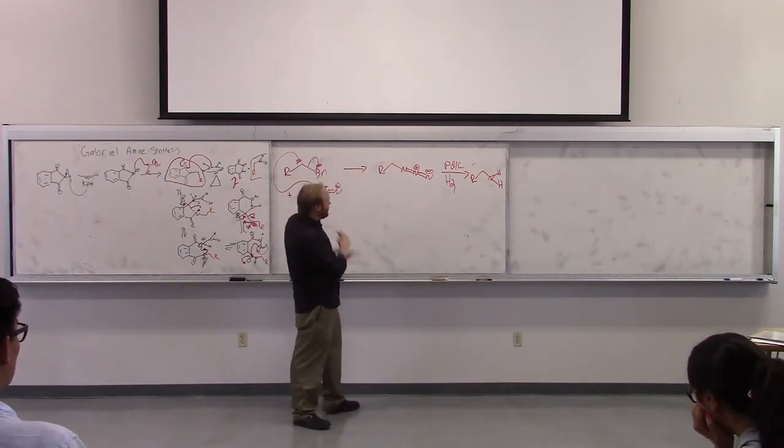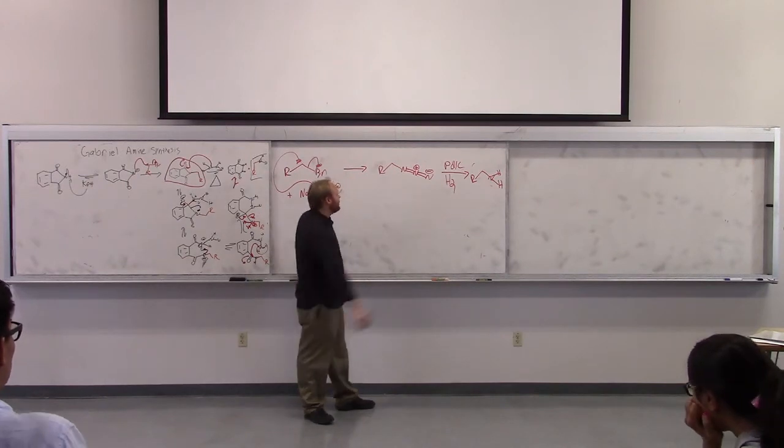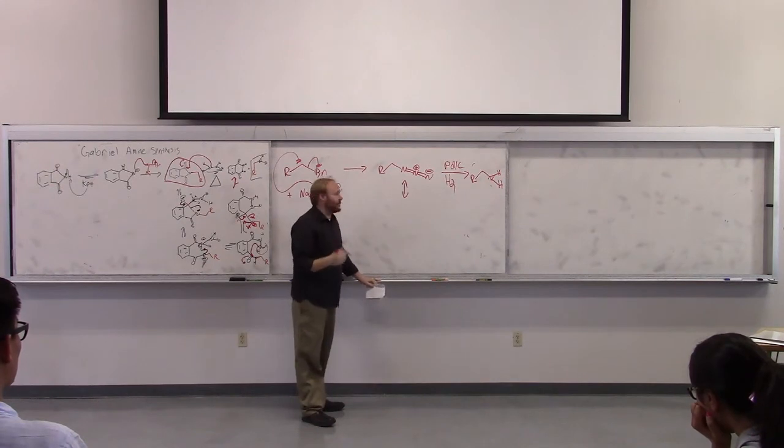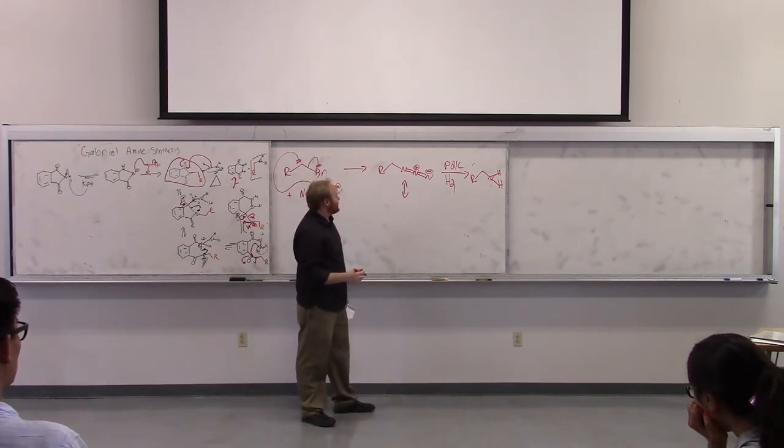The one thing, since I have the azide drawn up just for fun, let me draw the resonance of the azide, because I think this will also give you guys some more insights into how an azide can react.